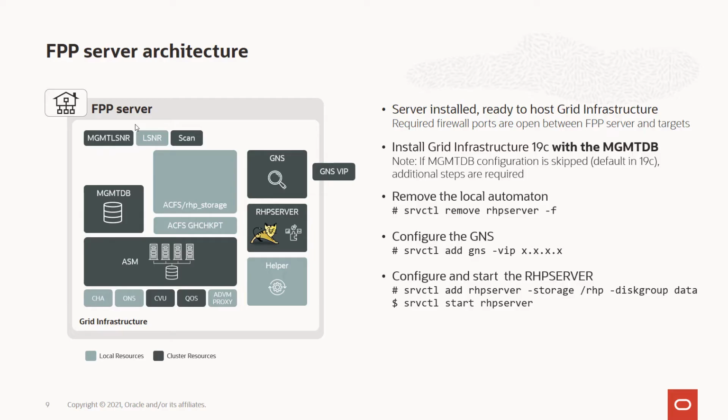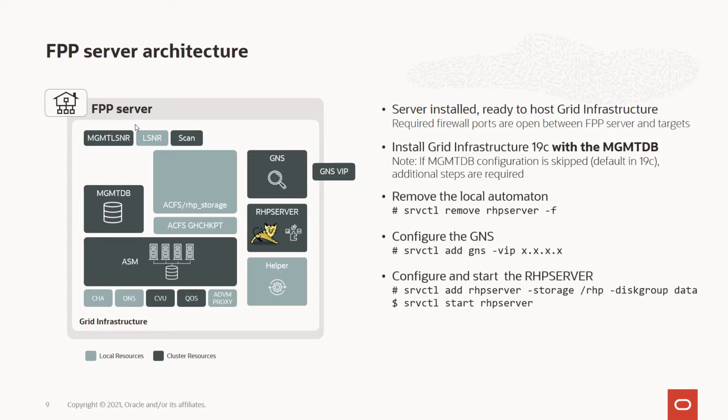And what do we have? We see that we have an RHP server process that is basically a Java container where we have our code running. We have a helper that is used on the server, on the clients, to execute some specific tasks.